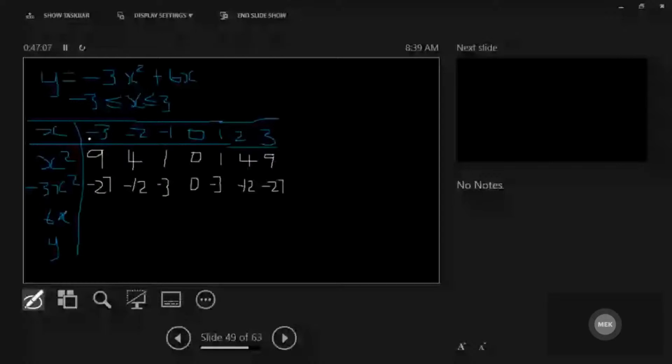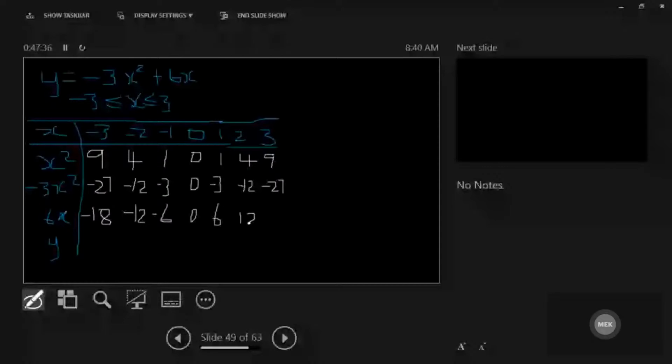And we go back to the x's now, and we're going to multiply the x's by 6. So 6 times negative 3, that's negative 18. 6 times negative 2 is negative 12. 6 times negative 1, negative 6. 6 times 0 is 0. 6 times 1 is 6. 6 times 2 is 12.